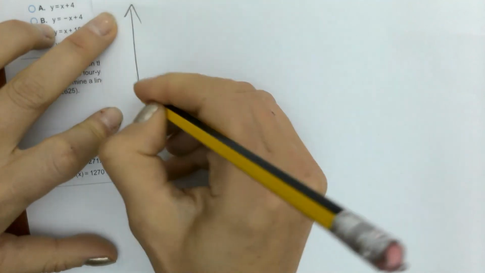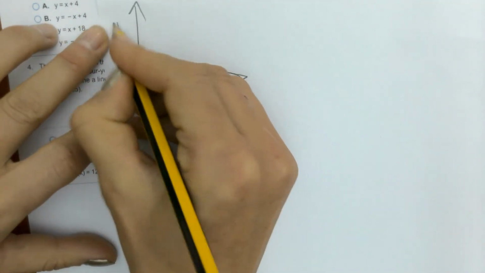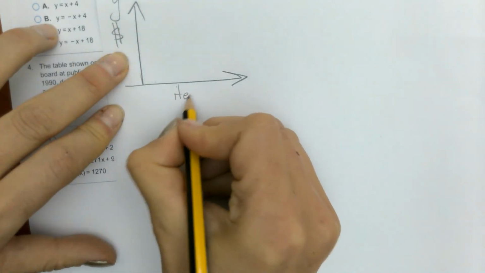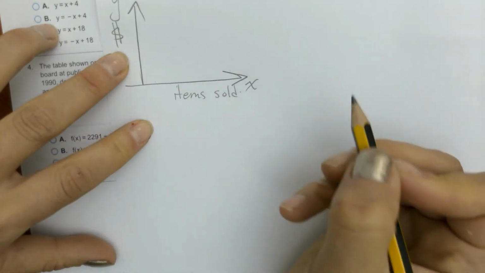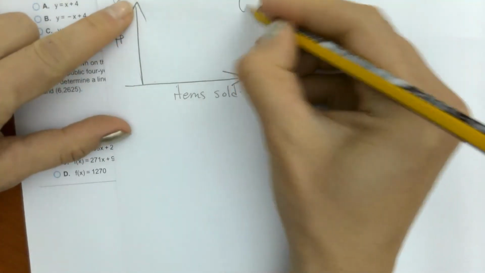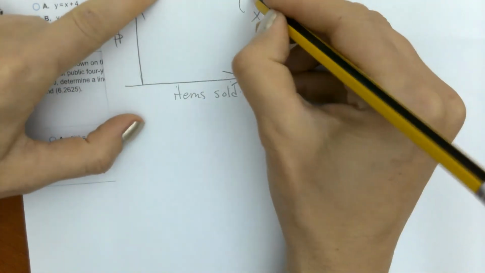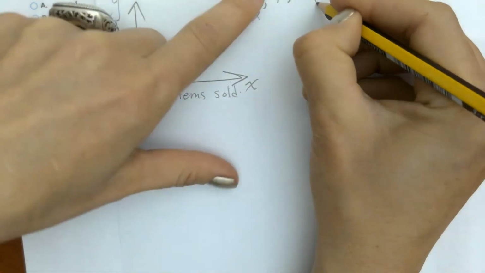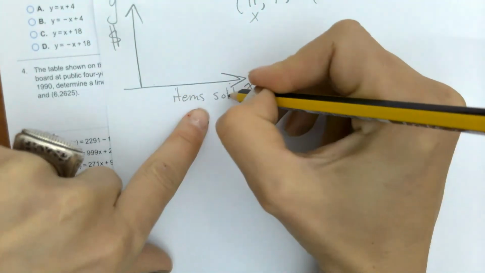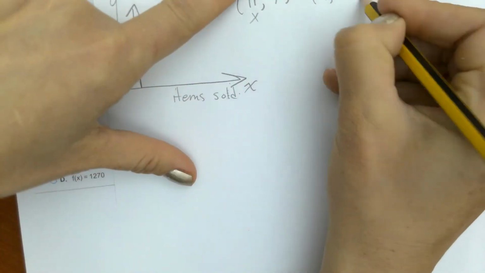So when we usually use money, the money goes up here on the y-axis, and the items sold go down here. Okay, so that's my x-axis. So when I put these into points, I'm going to say items sold is x. So 11 items were sold at $7, and 9 items sold at $9.